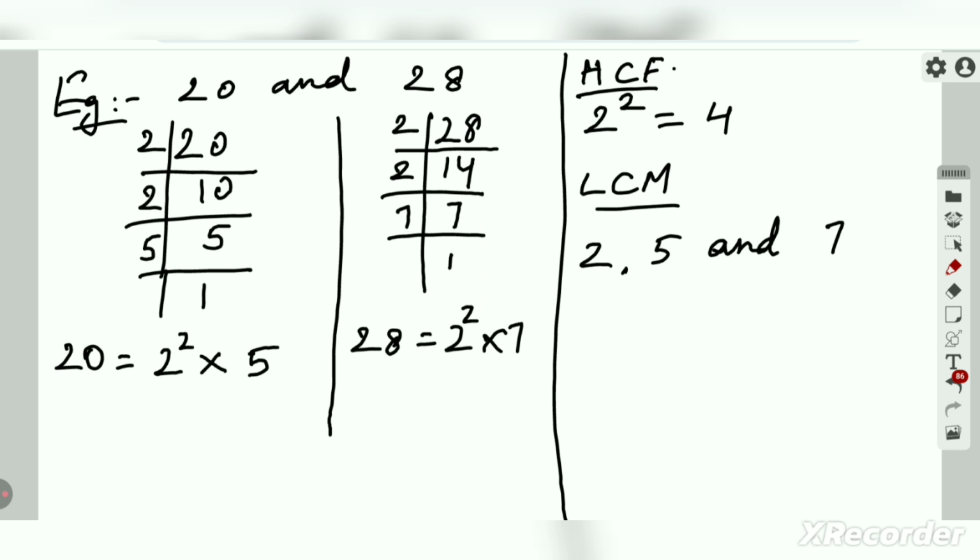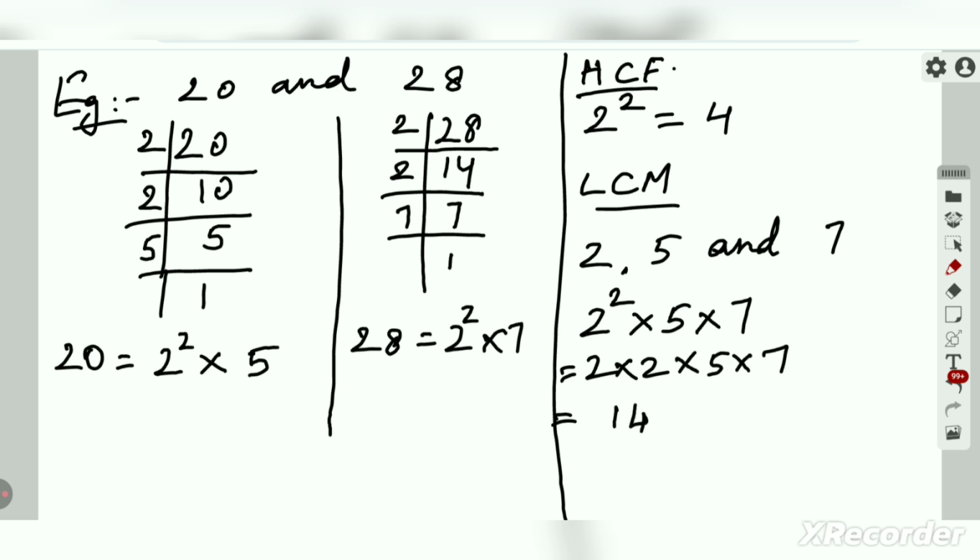Both are 2 square. So the highest power of 2 is 2 square. Of 5 is 5. Of 7 is 7. So 2 square into 5 into 7. You get 2 into 2 into 5 into 7, which equals 140. So 140 is the LCM and 4 is the HCF of the two numbers 20 and 28. So this is how you find out the LCM and HCF.